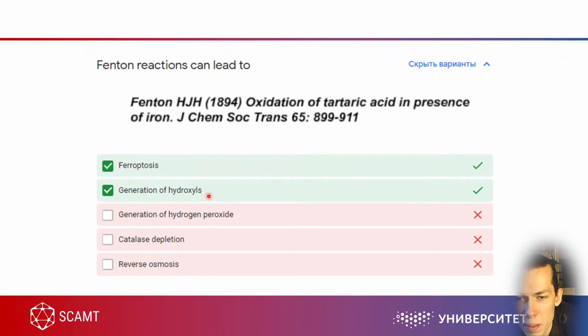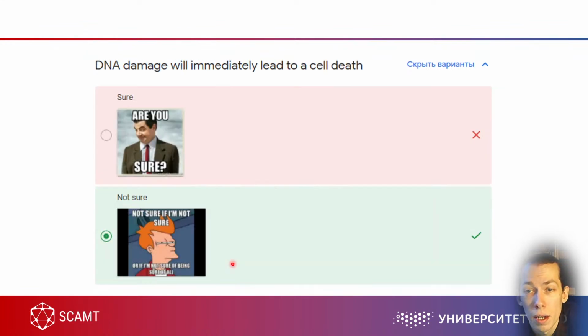It's not a generation of hydrogen peroxide, because it's depletion of hydrogen peroxide. The reaction between ferric or ferrous ions and hydrogen peroxide results in generation of hydroxyls. And it's not catalase depletion and not reverse osmosis.